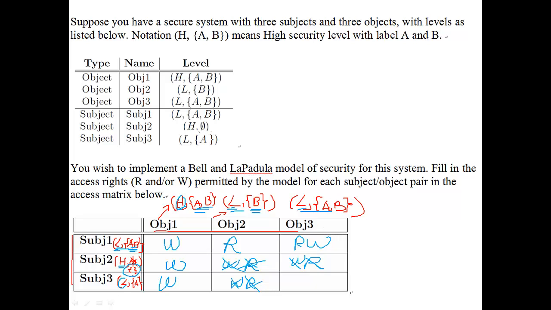Both of them have the same low level, L. But this category is higher than this category. Okay, that means subject 3 can write to object 3, but cannot read because the category here is higher than the category here.